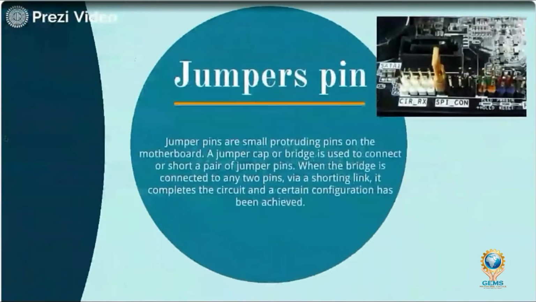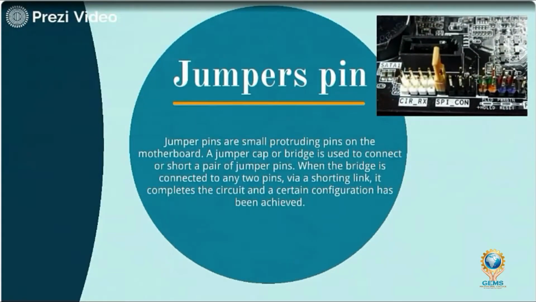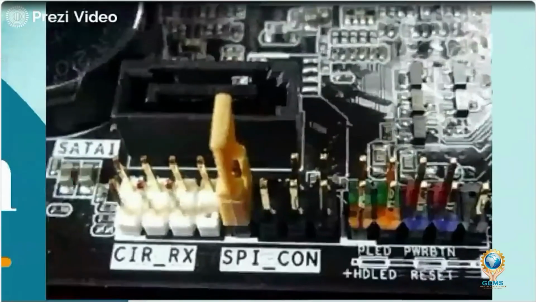And second is the jumper pin. Jumper pins are small protruding pins on the motherboard. A jumper cap or a bridge is used to connect or short a pair of jumper pins. When a bridge is connected to any two pins via a shorting link, it completes the circuit and a certain configuration has been achieved.